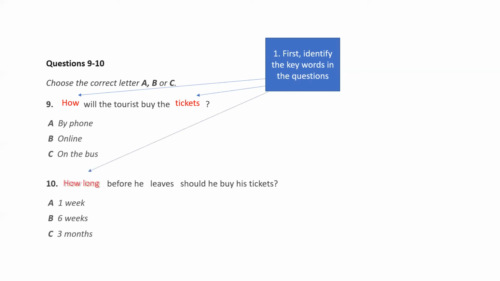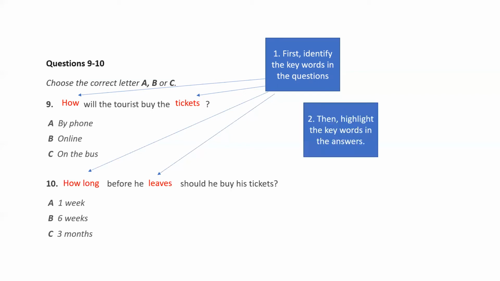Number 10, how long, leaves, meaning how much time does the tourist have to get the tickets before he leaves. That's the specific question. So not how long will it take him to buy the tickets or how long is his holiday, but how long to buy the tickets before he departs.